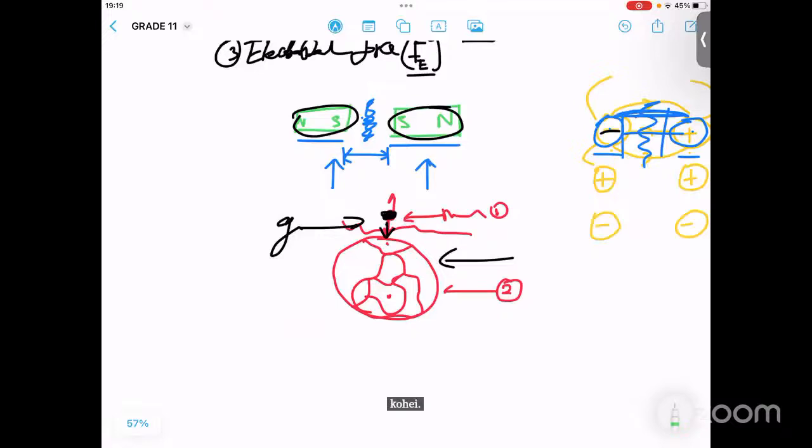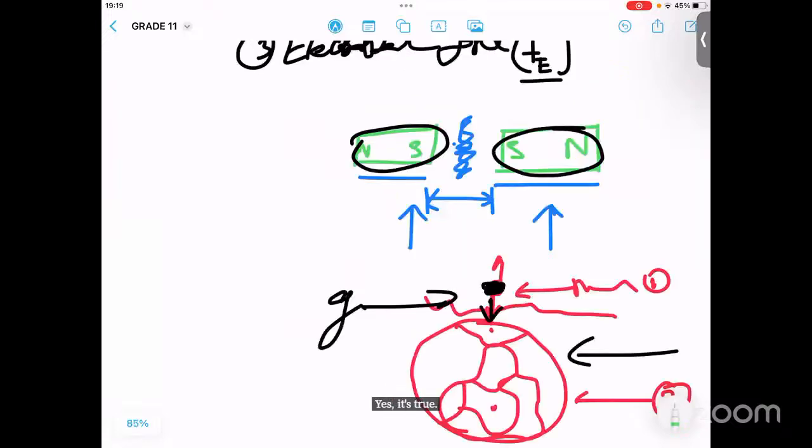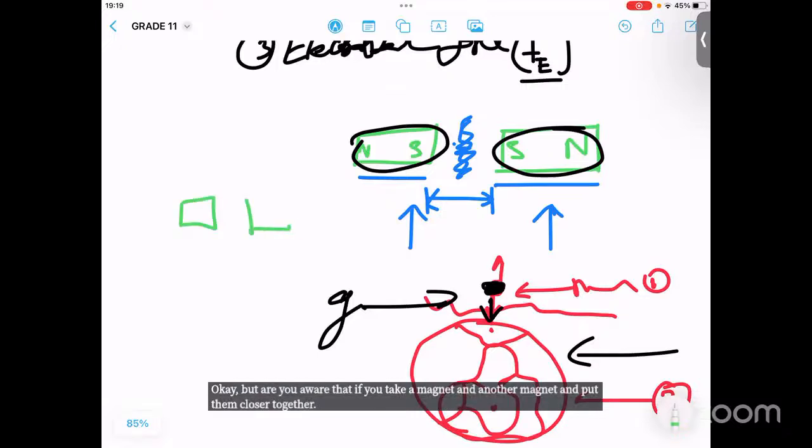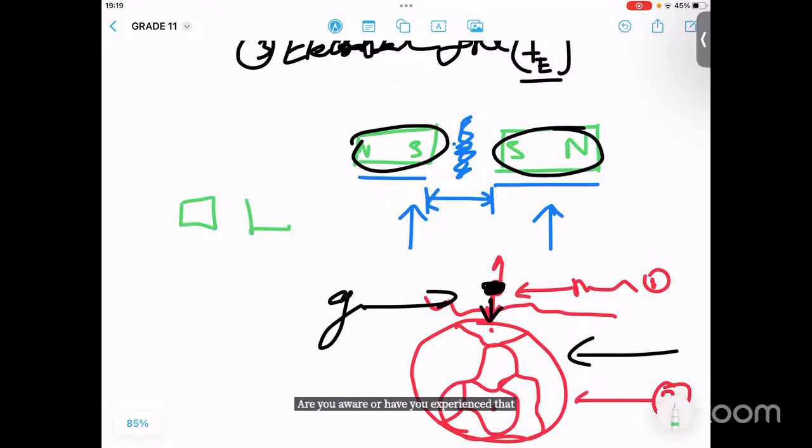Yes, sir. Are you aware that if you take a magnet and another magnet and put them closer together, you experience a force in between?